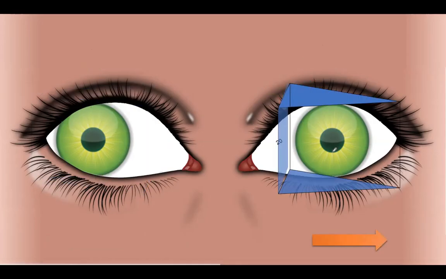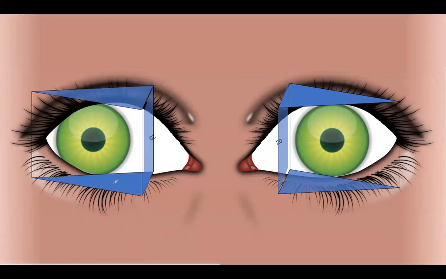We put a prism base in again. This prism base in will cause displacement of the eye and the image toward the apex. So this nasal shifted image, which is present here, will be shifted toward the apex, leading to both eyes seeing the same image without any diplopia.